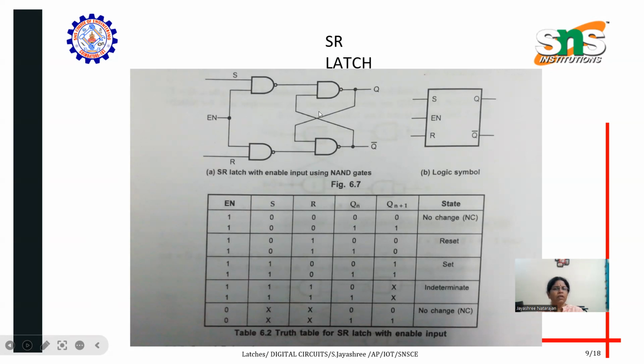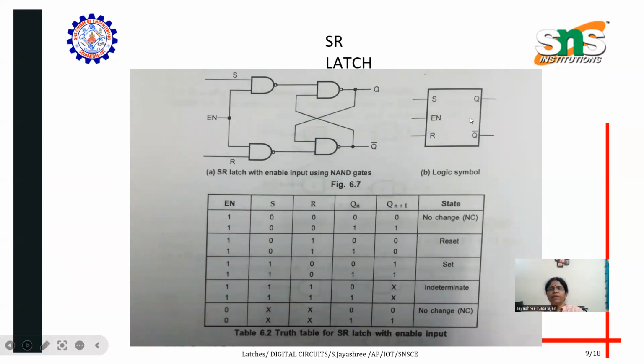So again we are using feedback. This is a latch. For each output, we consider the previous outputs, which are taken as the input. So this is the SR latch.